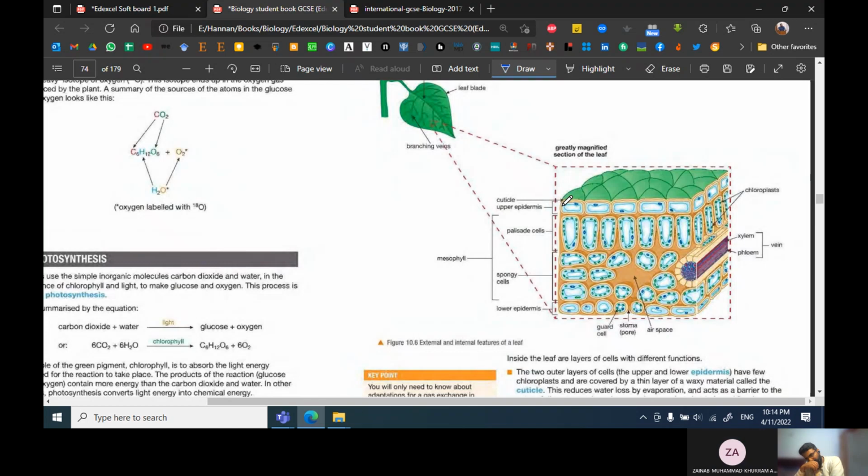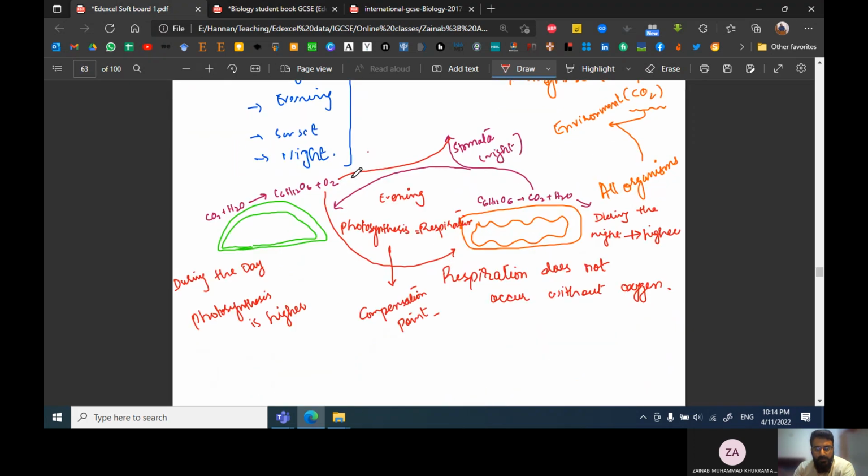Well done. It diffuses out through the cuticle because its gradient becomes so much higher inside the spongy mesophyll tissue. The cuticle is fatty, and the carbon dioxide can easily cross the fatty layer, so it would be easier.